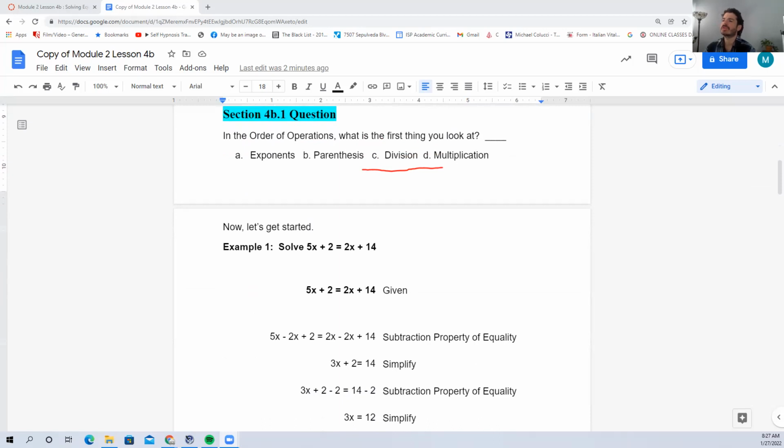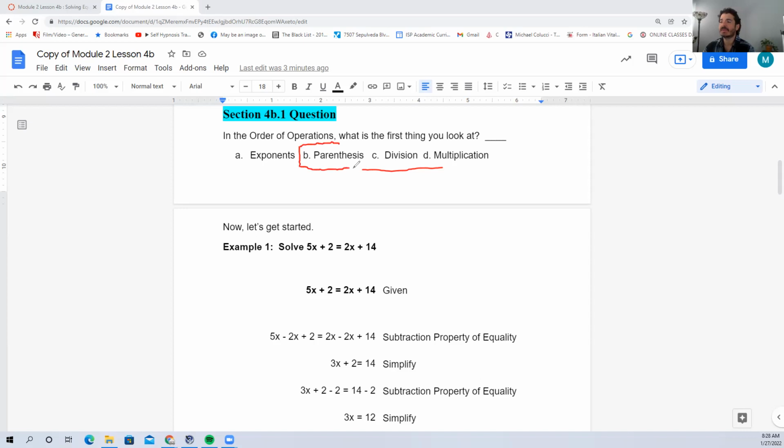In order of operations, what is the first thing you look at? Well, you know, order of operations. Sometimes people use the mnemonic device PEMDAS, P-E-M-D-A-S. The beginning of PEMDAS is a P, which stands for parentheses. So that is the first thing that we look at.